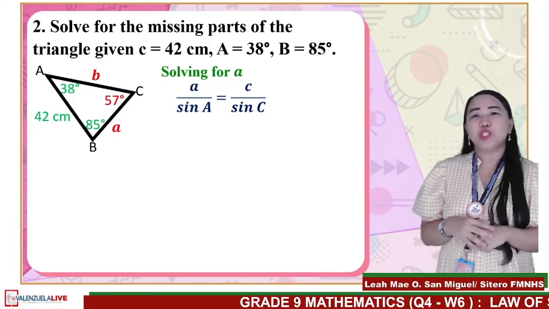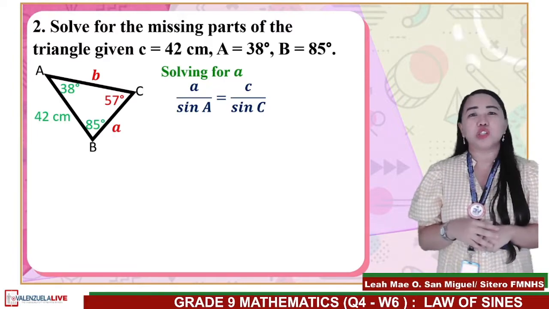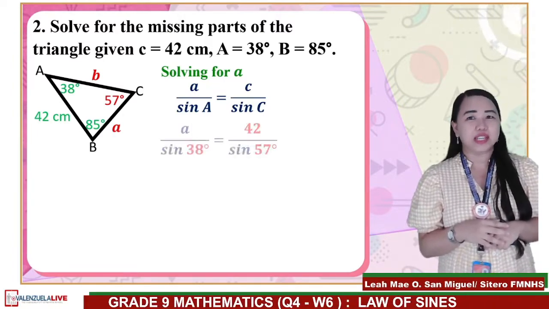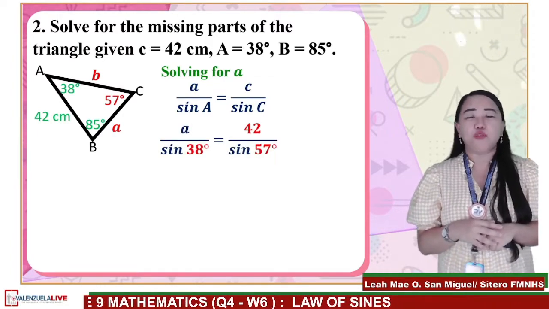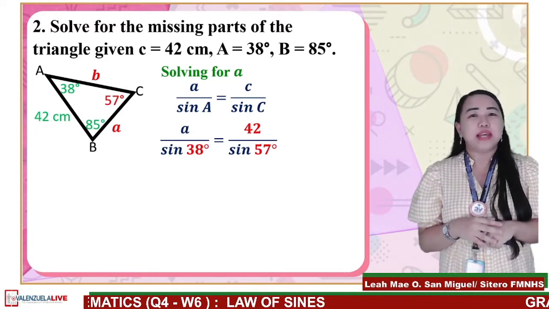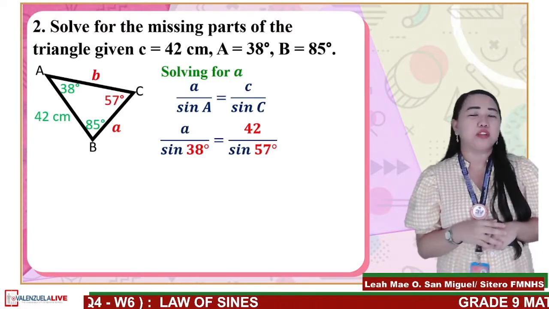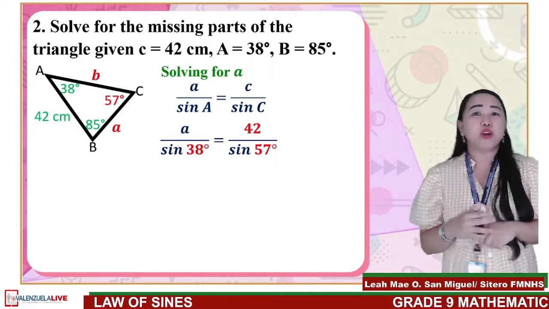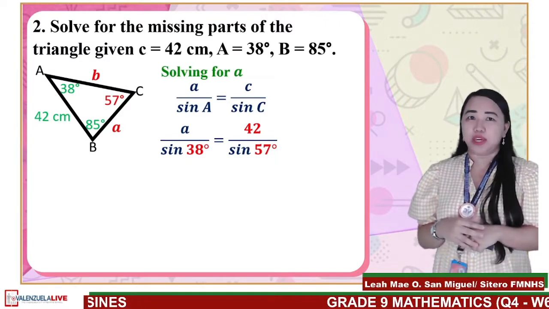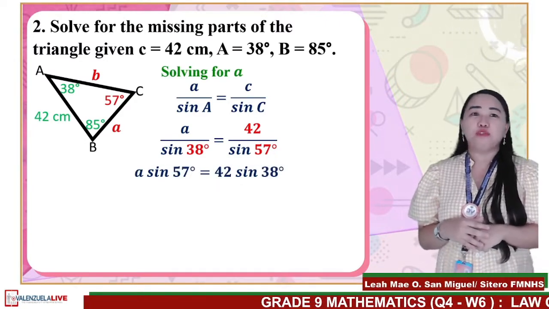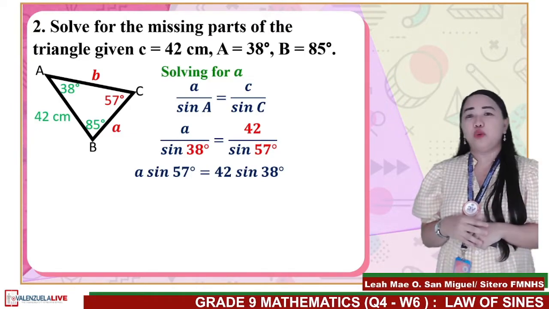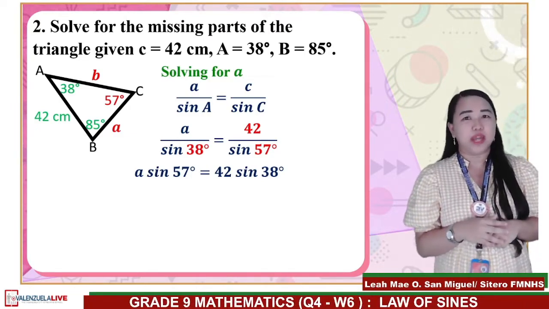Now, substitute the value of c and the measures of angle A and angle C. a over sine 38 degrees is equal to 42 over sine 57 degrees. By the cross multiplication property, we get a times sine 57 degrees is equal to 42 times sine 38 degrees.